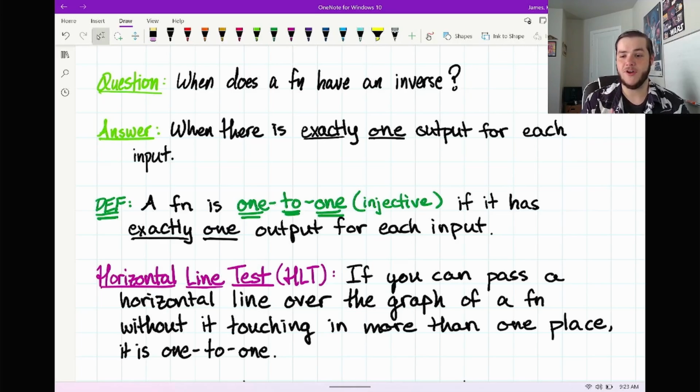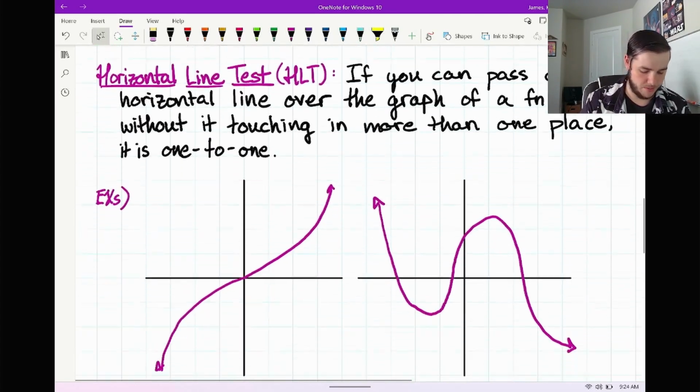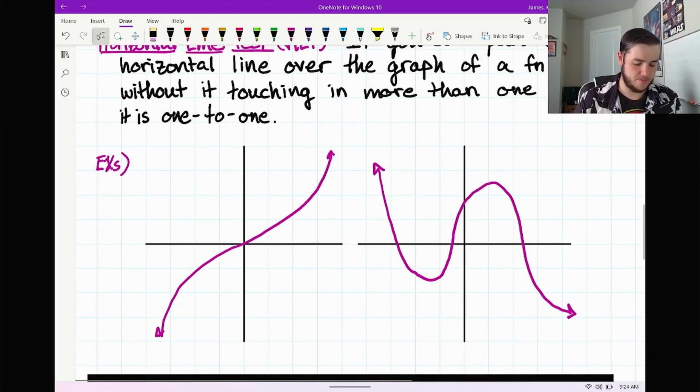So, a function that has this property is called one-to-one, or injective is a fancy name for it. And similarly to a vertical line test, we have a horizontal line test to tell when functions are one-to-one. If you can pass a horizontal line over the graph of a function without it touching in more than one place, it's one-to-one. Let's look at some examples.